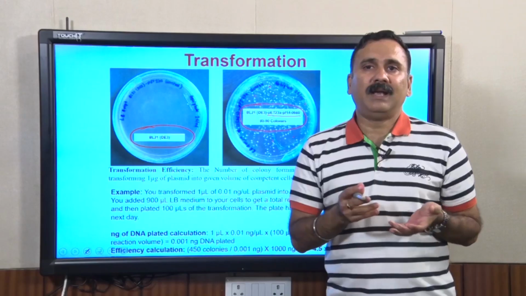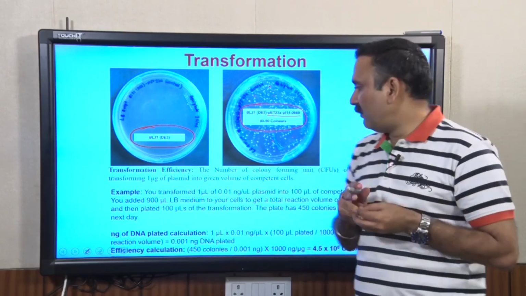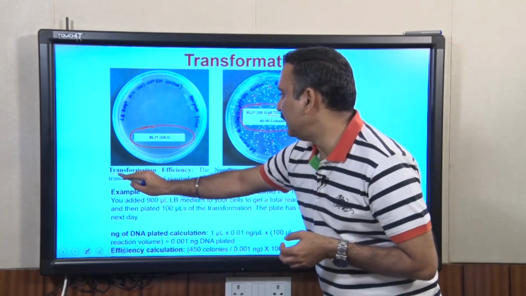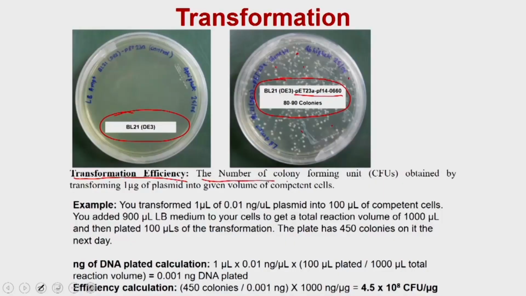This is called the transformation efficiency. What is meant by transformation efficiency is the number of colony forming units, meaning the number of colonies obtained by transforming 1 microgram of plasmid into the given volume of competent cells.